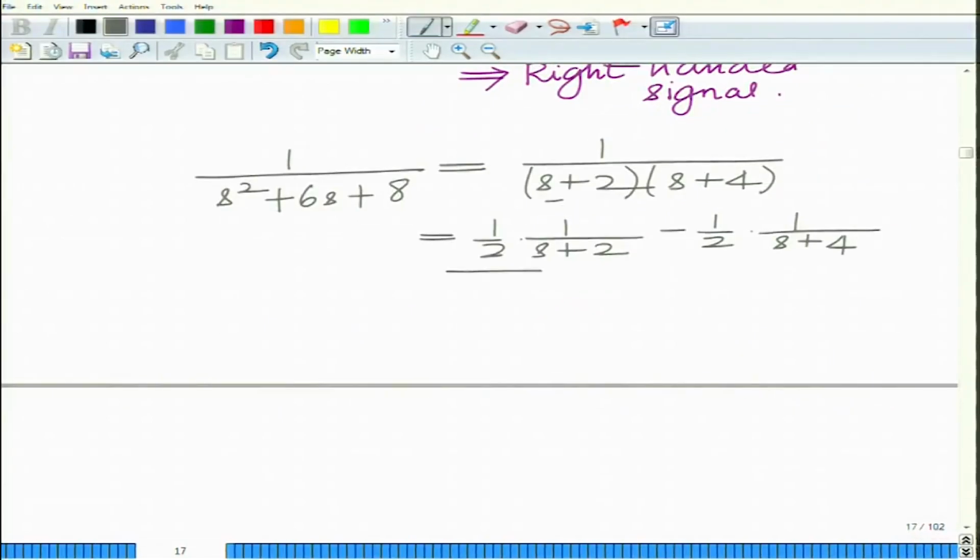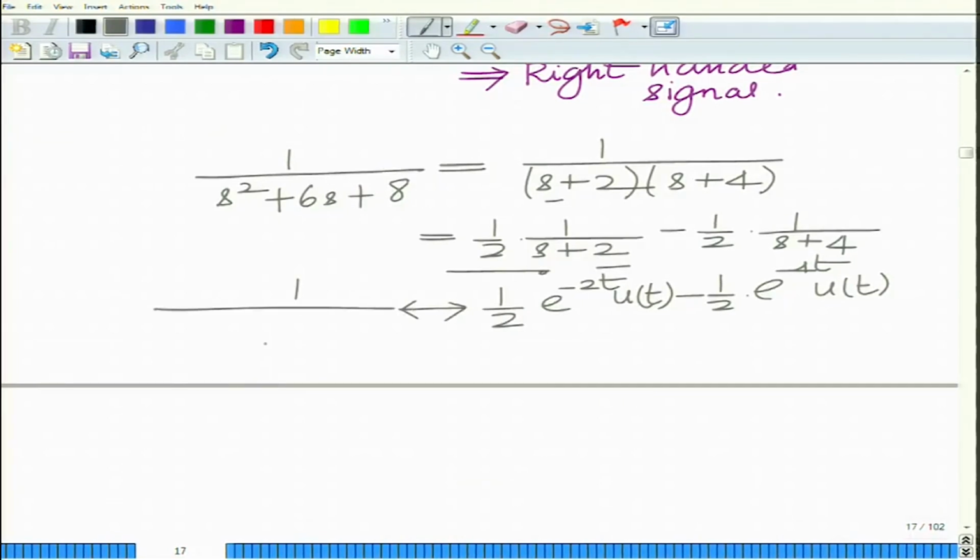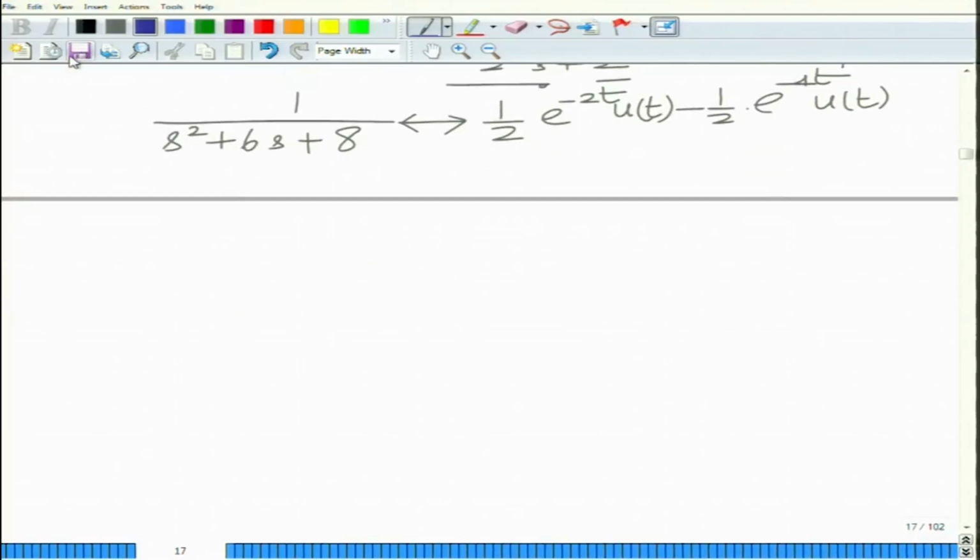Now, remember for a right handed signal, half of 1 over s plus 2 is half e raised to minus 2t u(t), minus half of 1 over s plus 4 corresponds to e raised to minus 4t u(t). So, this is the inverse Laplace transform of 1 over s square plus 6s plus 8.